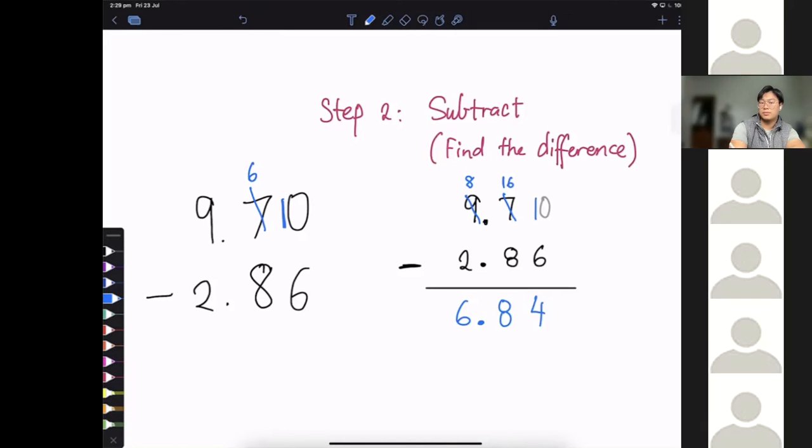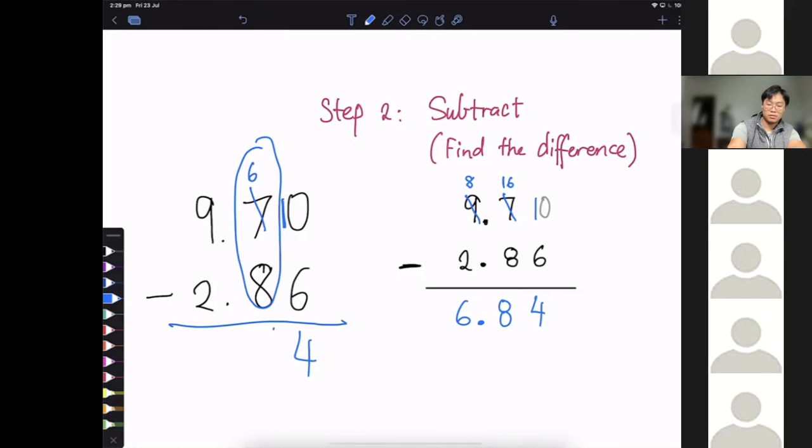Oh yeah, and then you borrow from the 9. You go ahead, you do this bit, but then you realize that if I have 6 fingers, I have to take away 8. Take away 1, 2, 3, 4, 5, 6. I still need to take away 7 and then 8, but I don't have any fingers left. So I can't do that.